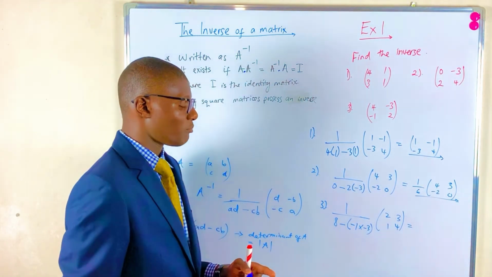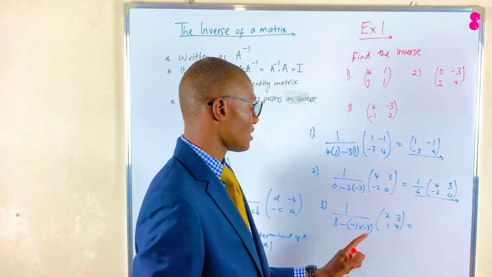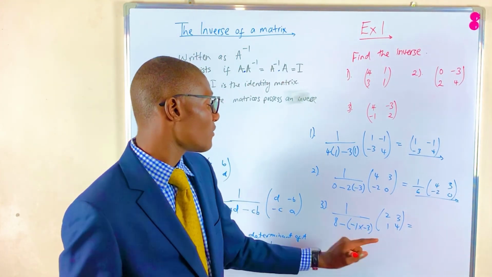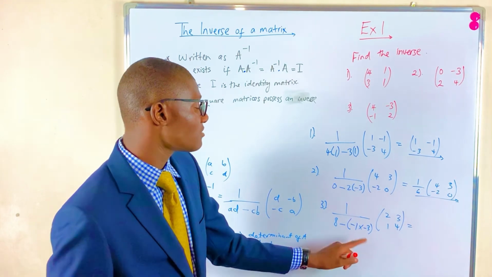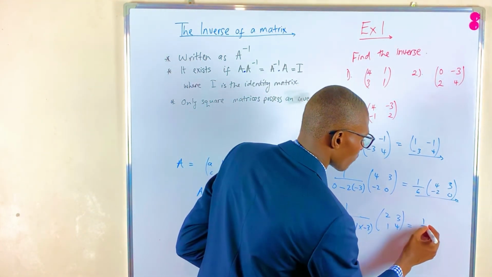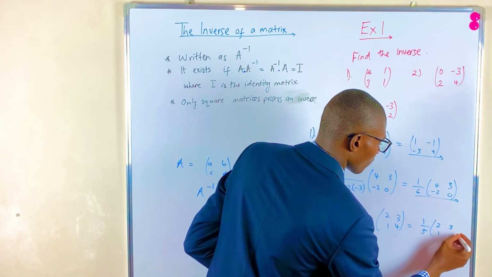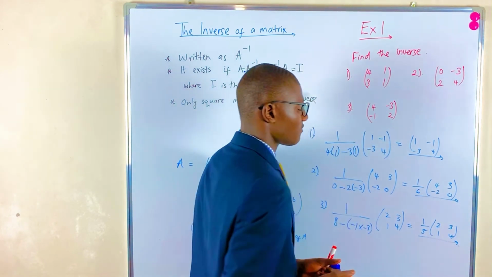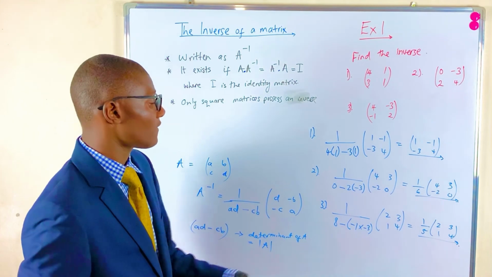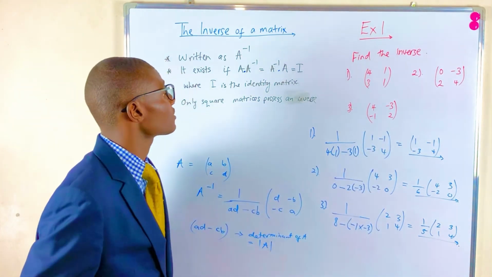And then back to this determinant, minus 1 times minus 3, we get a 3. So 8 minus 3 is 5. I'm saying 1 over 5, 2, 3, 1, 4. So this is the final matrix that we get, which is the inverse for this matrix.